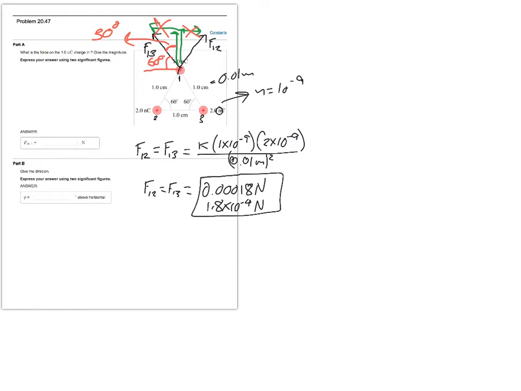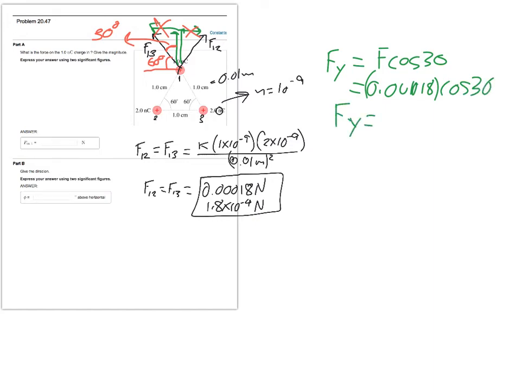So what I can do is just solve for that y component of the force, which is just going to be F cosine of 30, so 0.00018 times cosine of 30, and end up finding that the y component of that force ends up being 0.000156 newtons.